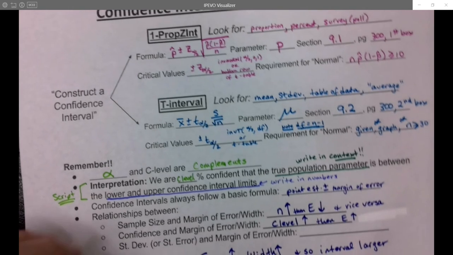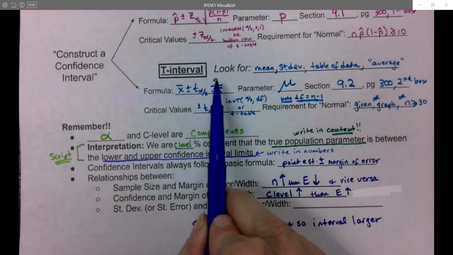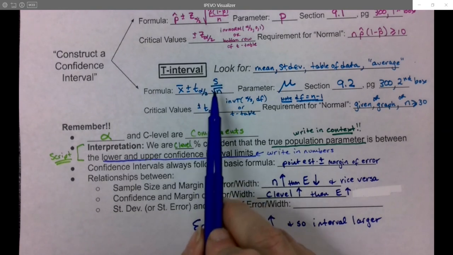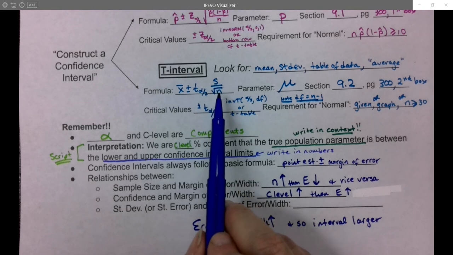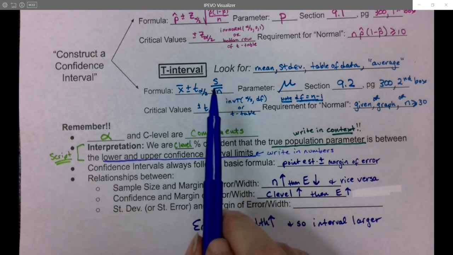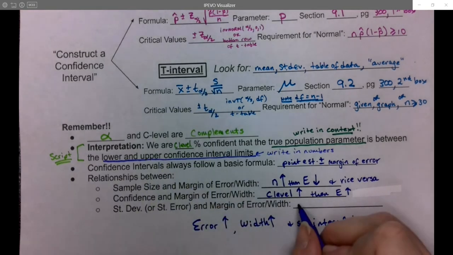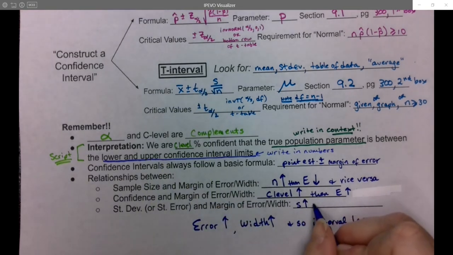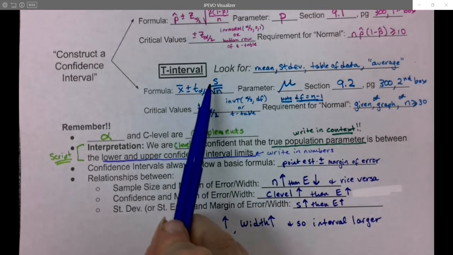If that standard error or standard deviation increases, you'll notice it's in the numerator. So if it gets larger, then your error over here gets larger because it's in the numerator, as opposed to n, which is in the denominator. So if your standard deviation increases, then so does your error. So if s goes up, then error goes up, right? You can see it because s is in the numerator.